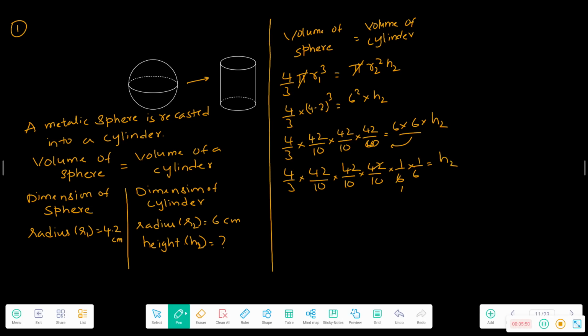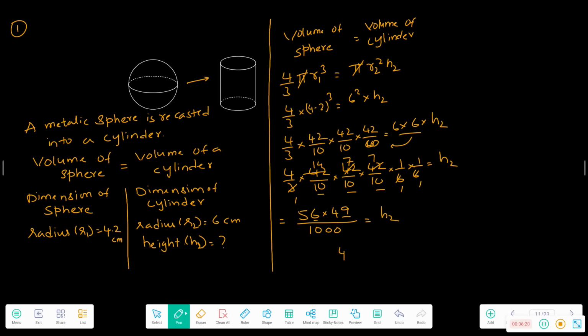Now 6 ones are 6, 6 sevens are 42. The 3 table will cancel: 3 ones are 3, 3 fours are 12. So 4 into 14 is 56, into 7 into 7 is 49, by 10 into 10 into 10, which is 1000.